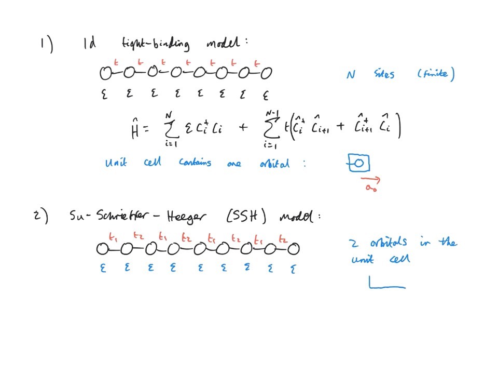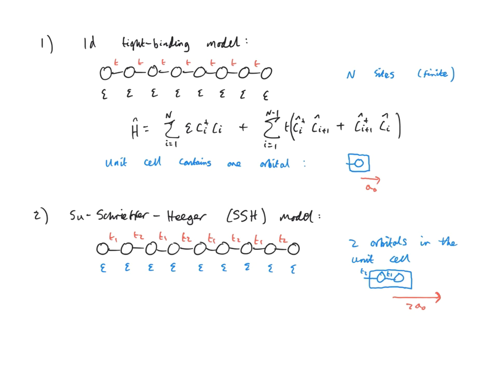So we have a unit cell now that looks like this. I have one orbital connected to another. This internal bond here can be T1, and this one that's leaving can be T2. And I just copy this unit cell, this time by 2a0, because I have two real space sites in the unit cell, translating this thing by 2a0, dumping it down, moving again by another 2a0, dumping it down, and so on.